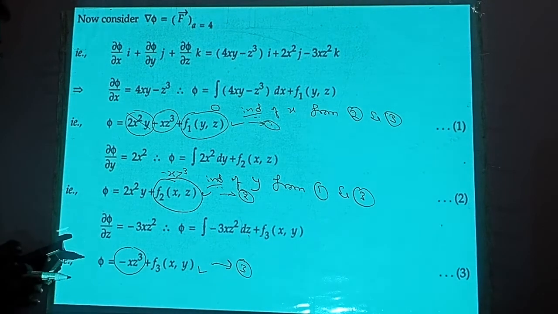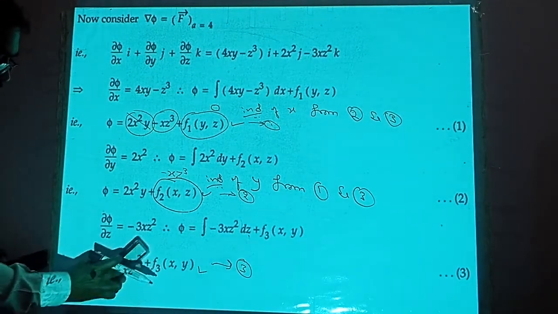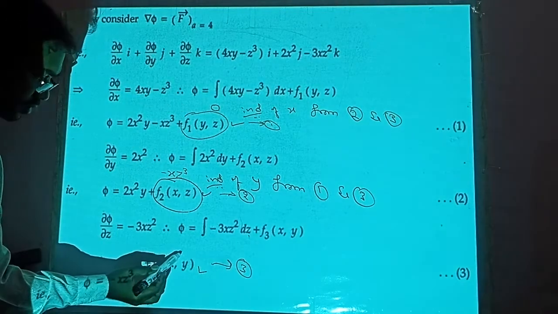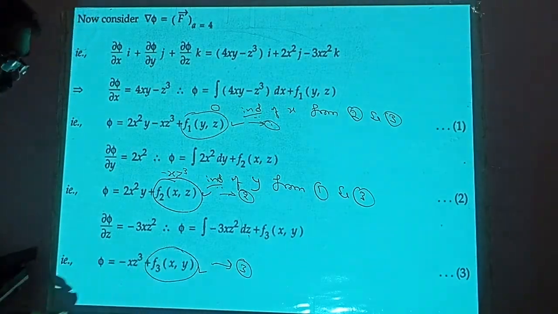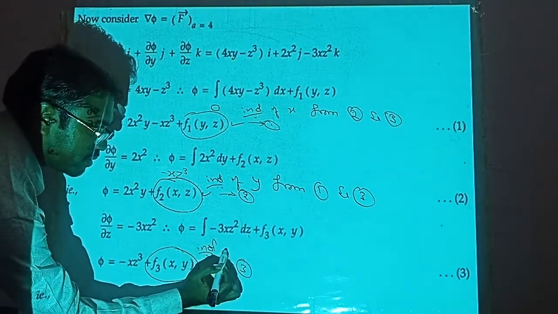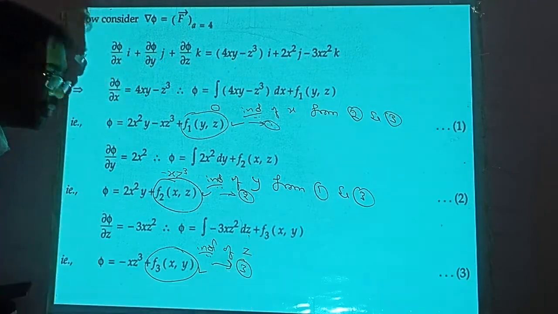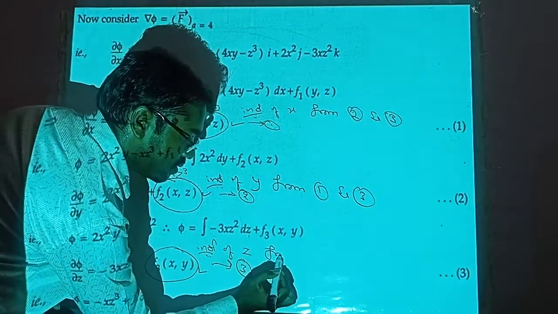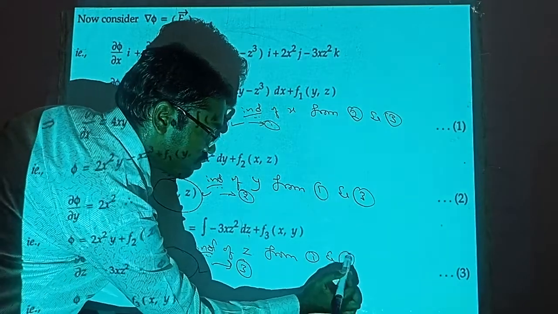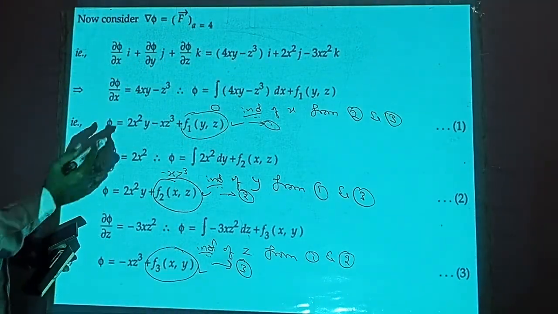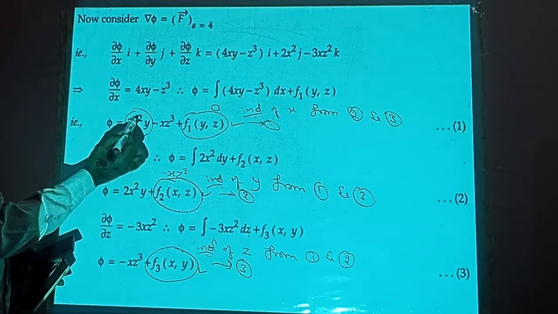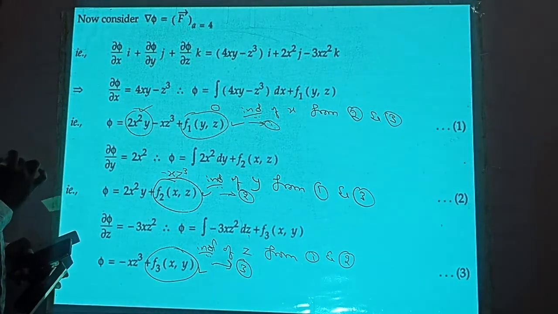So let us go for f3. To choose f3, we need to go for terms independent of z from 1 and 2. In 1, this is the term which is independent of z. So we can select this.